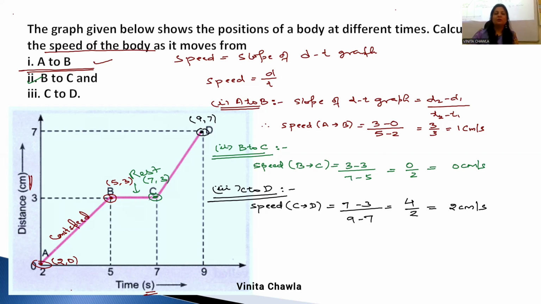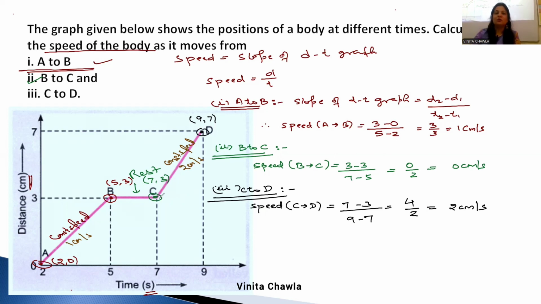So one more thing, you can see in this graph that here the object is again moving with constant speed, right? The speed of the object during this journey from C to D is 2 centimeters per second, while here the speed is 1 centimeter per second. In both cases, from A to B and from C to D, the object is moving with constant speed, but different speeds.